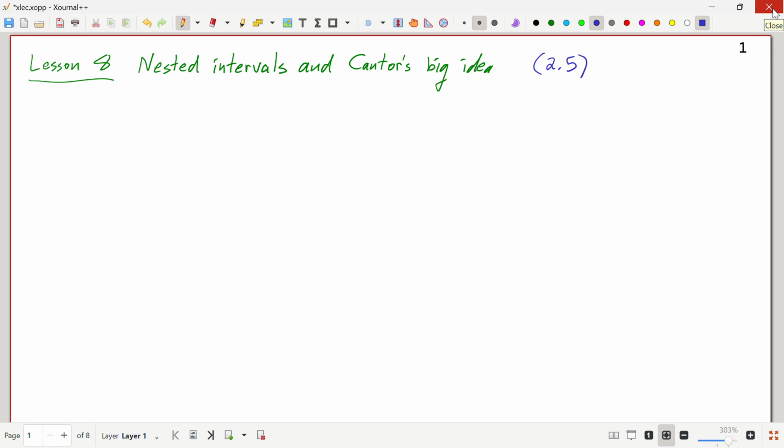Okay, so before I move on to today's subject, which is more of Cantor's big ideas, I'm going to do the case proving that the square root of 2 exists.